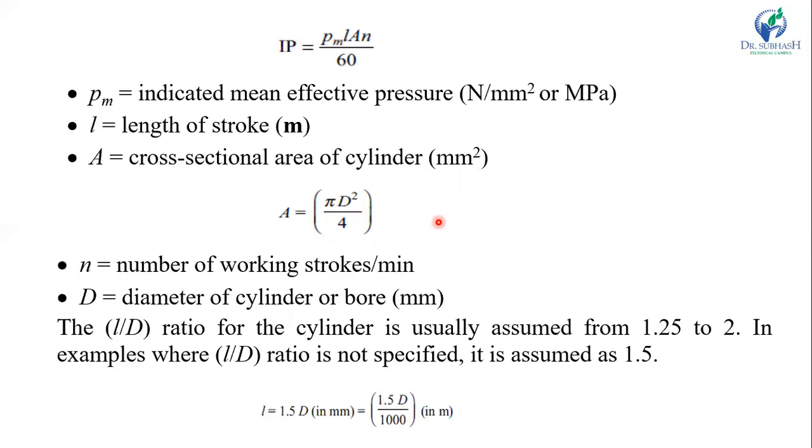Now, the L by D ratio, the stroke to diameter ratio for the cylinder, is assumed from 1.25 to 2.